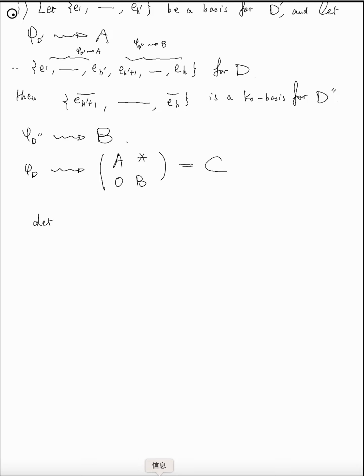Let's call this C. The determinant of phi D, that is of C, equals the determinant of A times the determinant of B.